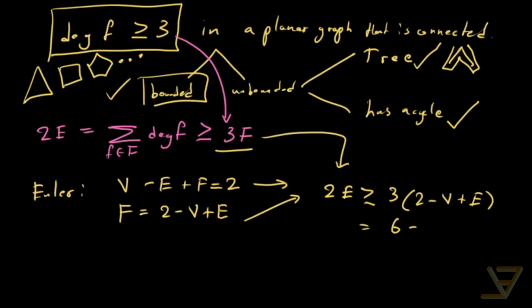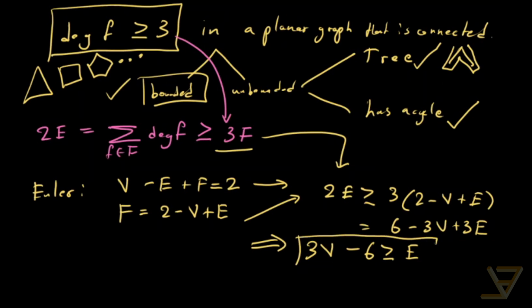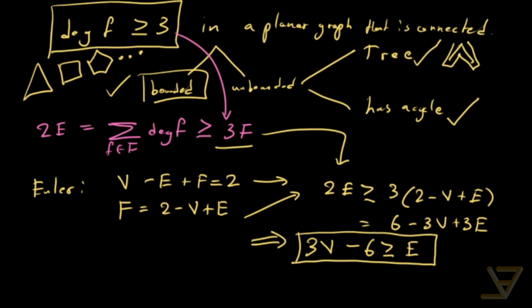And that's equal to 6 minus 3v plus 3e. And finally, we can simplify this to get that 3v minus 6 is greater than or equal to e. So this is a necessary condition for a planar graph.